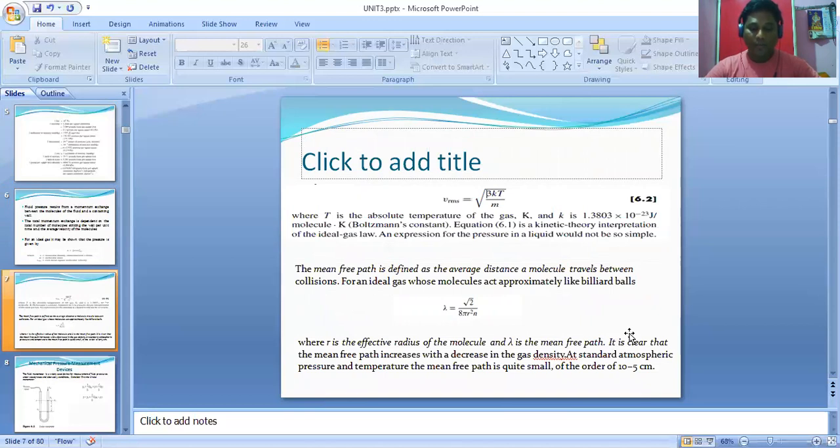Here T is the absolute temperature and K is 1.3803 into 10 power minus 3. Here K is called the Boltzmann constant.